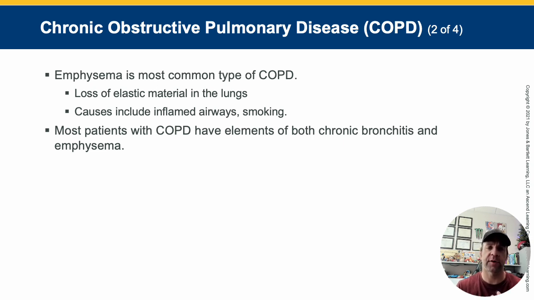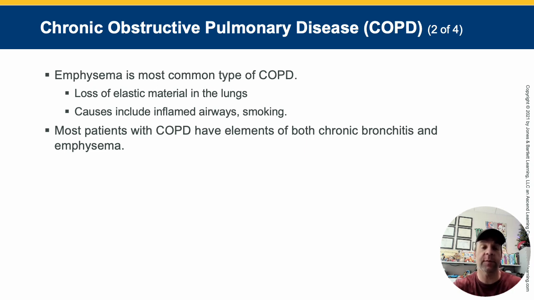They breathe through pursed lips, and they may sit in a tripod position to help engage accessory muscle use during respirations. In contrast, chronic bronchitis presents with a productive cough, cyanosis, and frequent respiratory infections, and that's due to the excessive amount of mucus and the inability to clear that mucus from the bronchial tree.